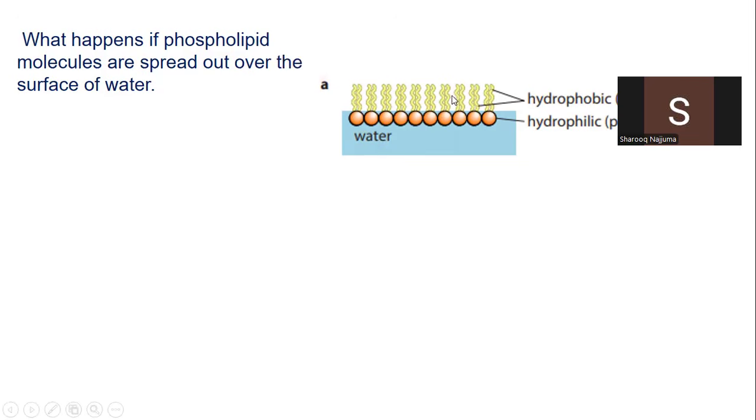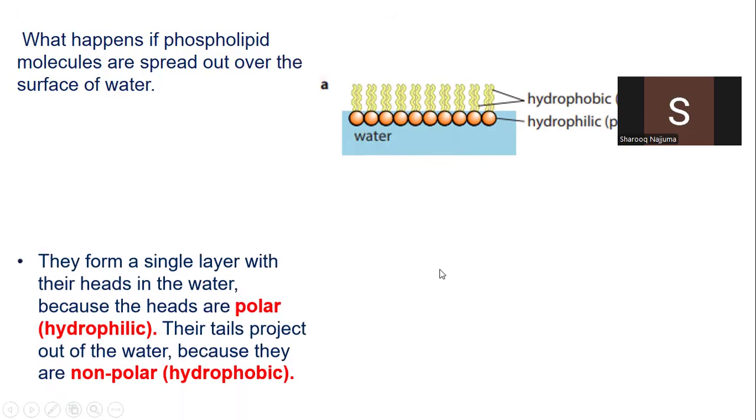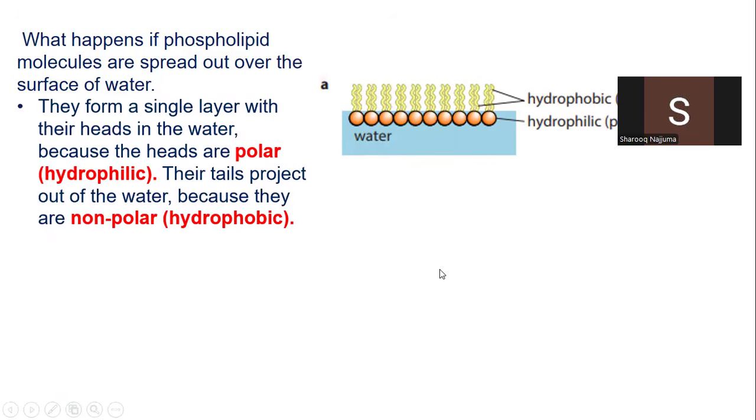But the tails are going to face away from the watery environment, because they are hydrophobic and will be repelled by the water molecules. So we are going to have a single layer of phospholipids in which the heads, which contain the phosphate, interact with the water molecules, but the tails, which are hydrophobic or nonpolar, face away from the watery environment.